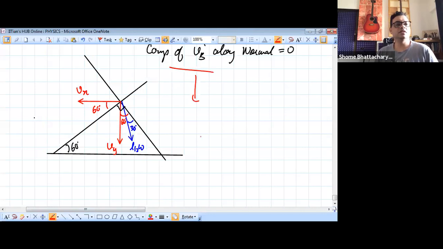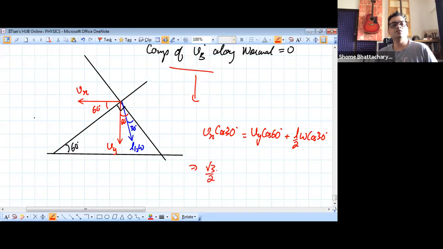So this will now give us a constraint: Vx cos 30, that is the component of this along this direction, has to be balanced by the component of these two, that is Vy cos 60 plus L by 2 omega cos 30. So root 3 by 2 Vx is equal to Vy by 2 plus root 3 by 2 into L omega by 2.